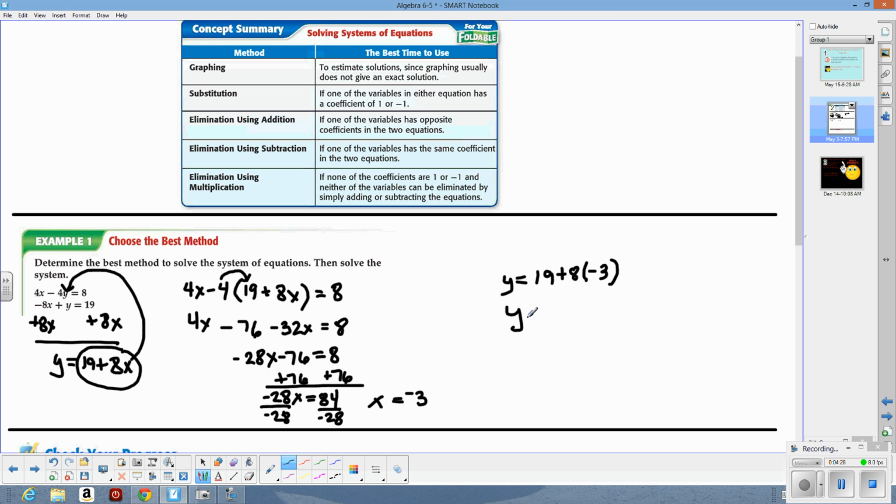So y is equal to 19 plus a -24, or 19 minus 24. 19 minus 24 is -5. I'm going to go ahead and write that as an ordered pair, -3, -5. Once again, you can check your solution by plugging in -3 for x and -5 for y.